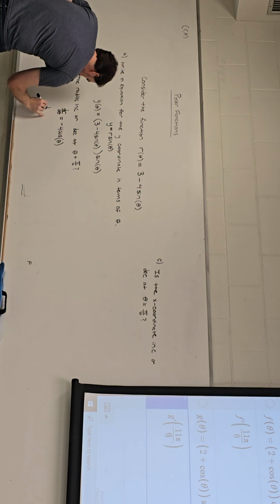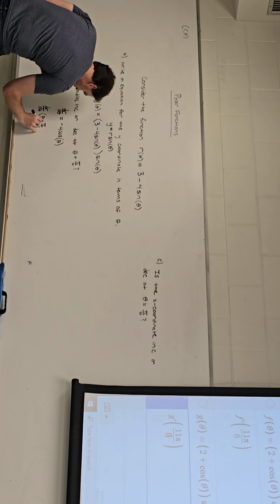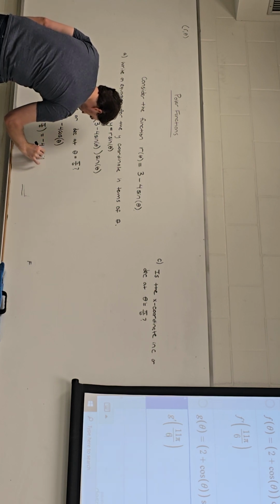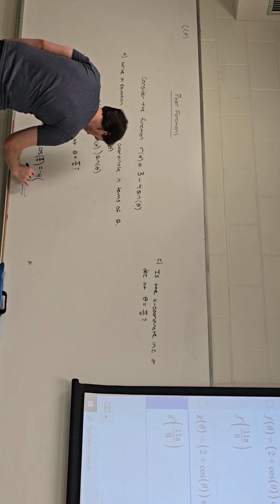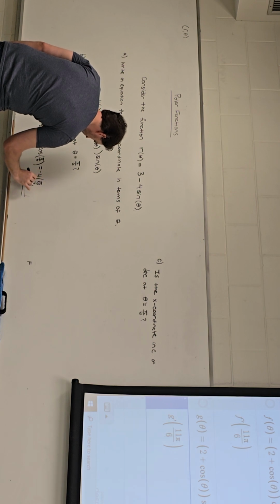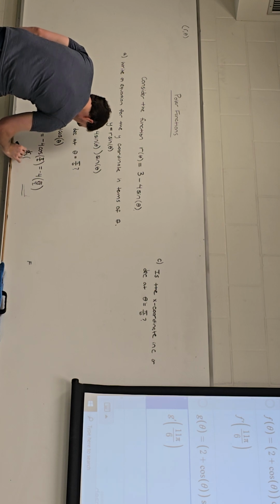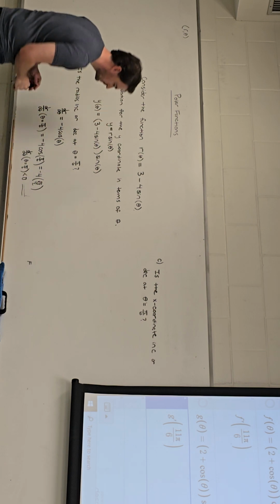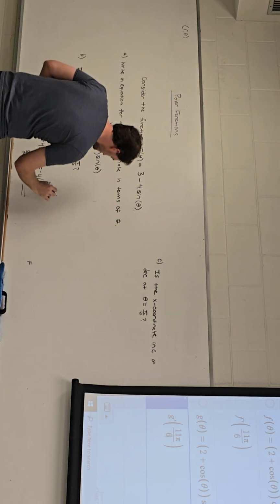That means that dr d theta at pi over 6 gives me a negative number, so the radius is decreasing.